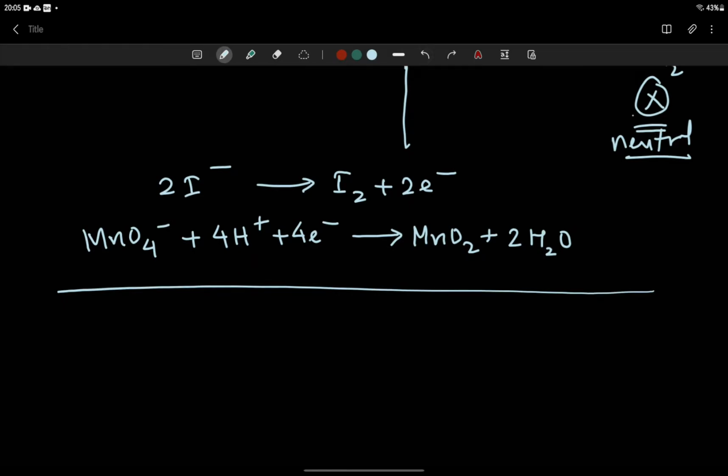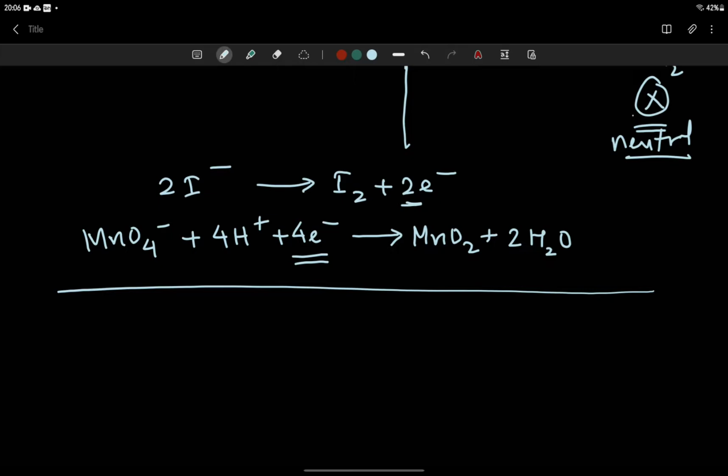So how to fix this I am going to tell you later, but first let's make electron gain equivalent to electron lost. Now you can see here that 4 electrons are being gained, but the number of electrons lost is 2, means it is not balanced.